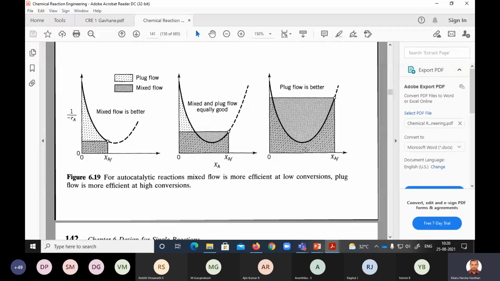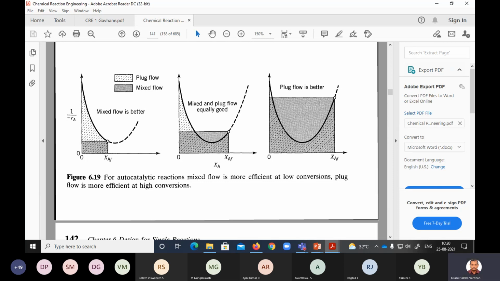Till this particular conversion, I'll keep one MFR, which has this volume, and then from this conversion to this, I use one PFR. So instead of one PFR, one MFR and one PFR will give you much less volume than one PFR.